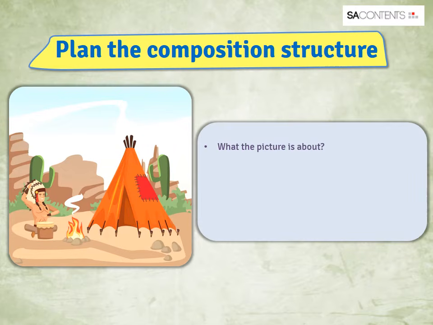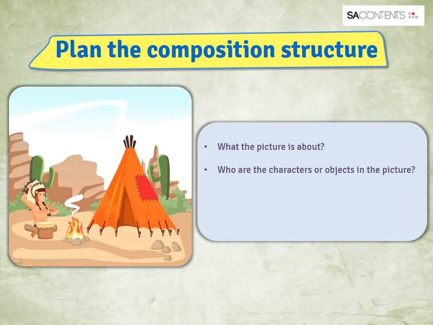The first question that must come to the writer's mind is what the picture is about. That would give you the title of your composition. Second question would be who are the characters or objects in the picture. Look carefully at the picture and then jot down on a paper all the characters or the objects that are given in the picture.